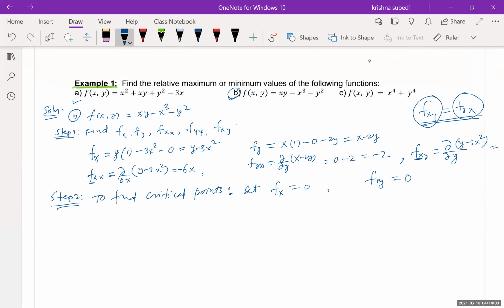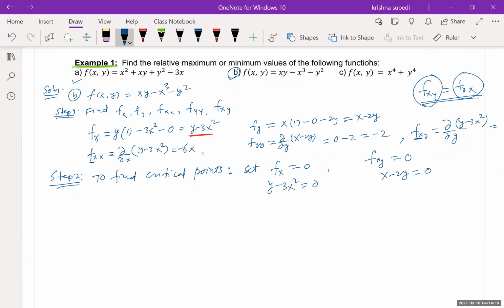So f sub x equal to 0 means y minus 3x squared equals 0, remember that f sub x is right there. And f sub y equal to 0 means x minus 2y equals 0. All you need to do is solve these two equations. Let's say this is equation 1, this is equation 2. We just need to solve.